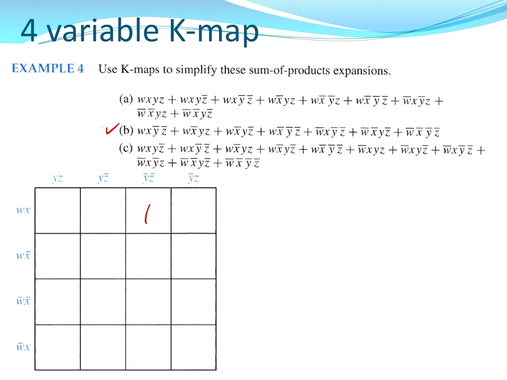W, X bar, Y, Z will go here. W, X bar, Y, Z bar will go here. And W, X bar, Y bar, Z bar will go here. W bar, X, Y, Z bar will go here. W bar, X bar, Y, Z bar goes here. And everything complemented goes there.